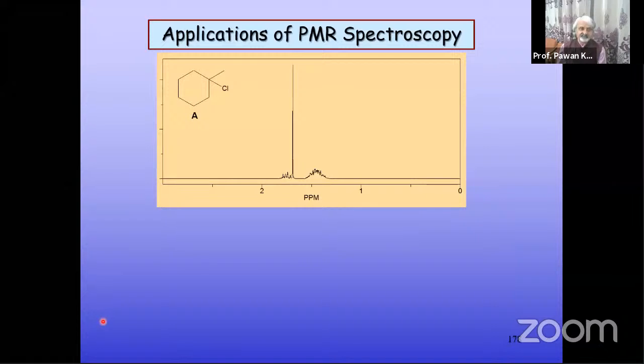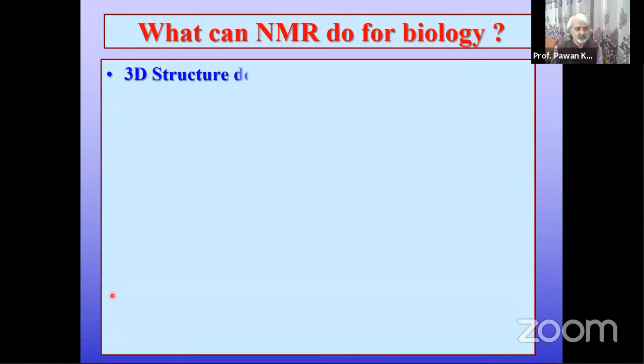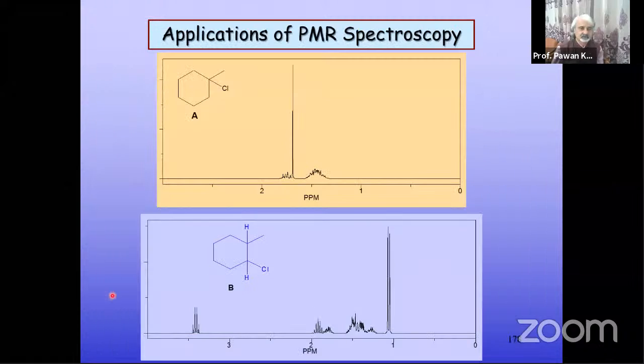So if A is the product, I'm getting methyl as a singlet, and if B is the product, then I'll get a doublet.